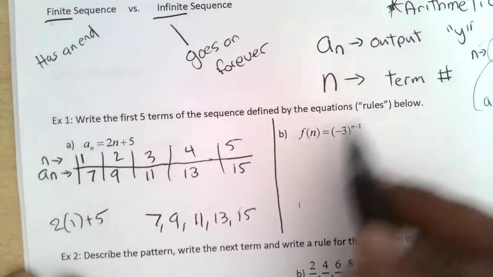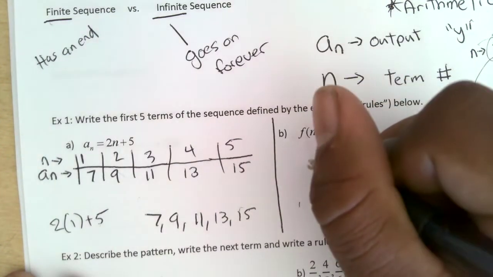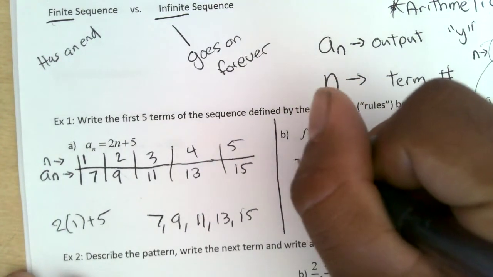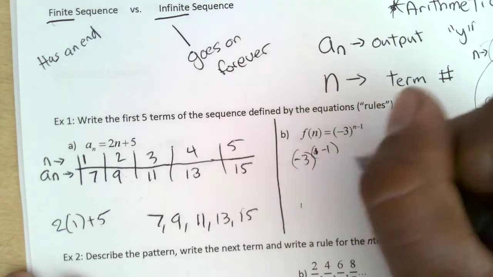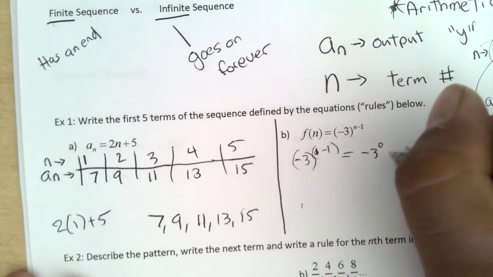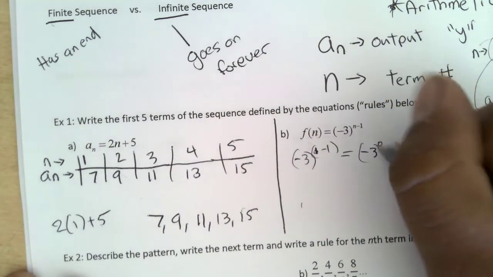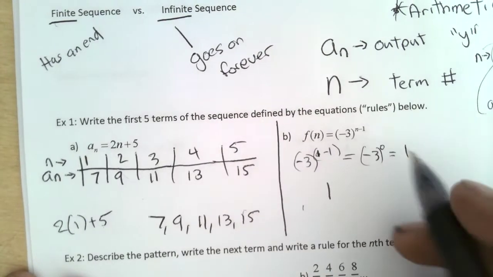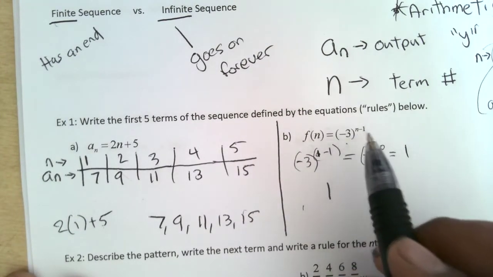Once again, I might look at this and be like, hey, this is geometric. What I recognize is that if I want the first term, I could plug in 1: negative 3 to the 1 minus 1, which would be negative 3 to the 0, which is 1. And I should put this in parentheses. There we go. Now, what I should recognize is that this is geometric or exponential. It's going to multiply by negative 3 each time.